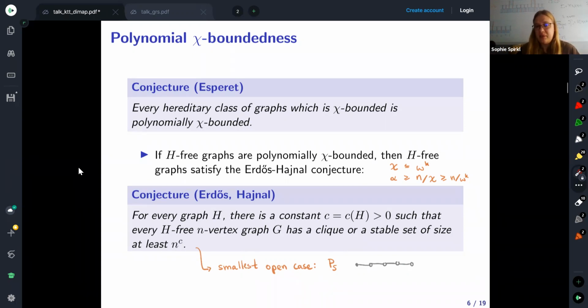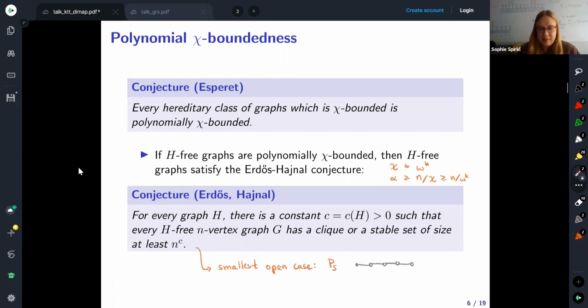This conjecture seems really unlikely to be true, right? Because polynomial chi-boundedness is somehow something that sounds so much stronger than just normal chi-boundedness. But so far, nobody's found a counterexample to this.